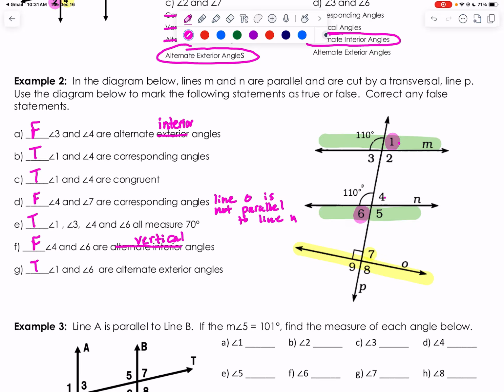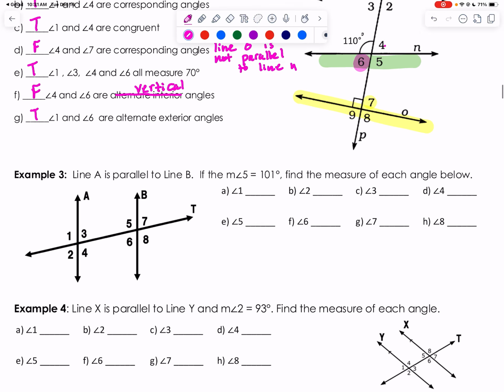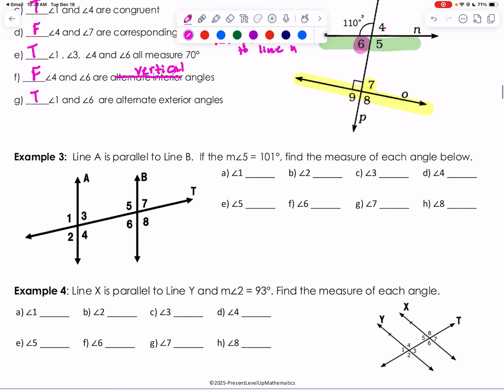All right, now let's actually find some angle measures in example 3. So in example 3, it says line A is parallel to line B, and the measure of angle 5 is equal to 101 degrees. Find the measure of each angle below.